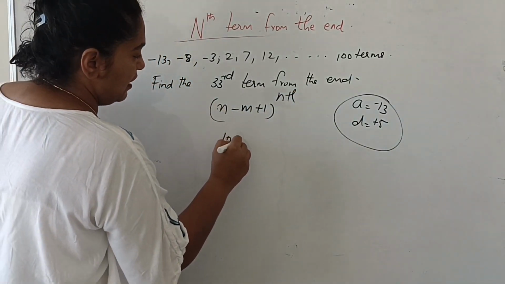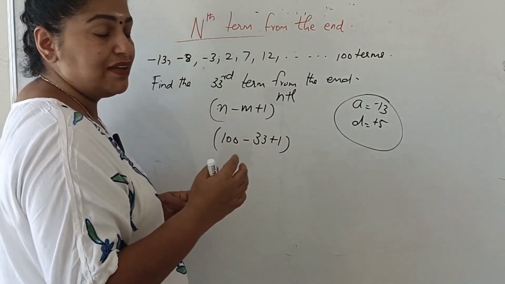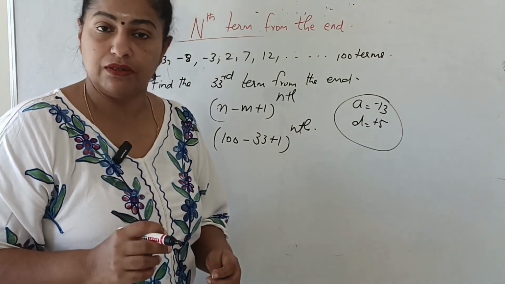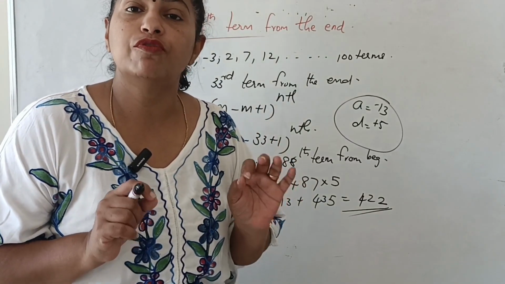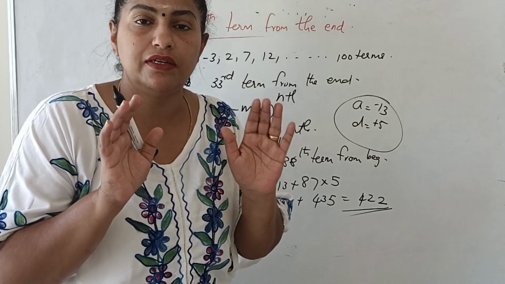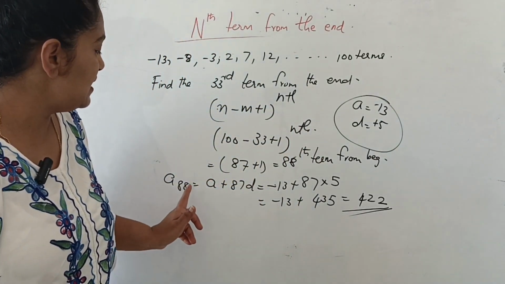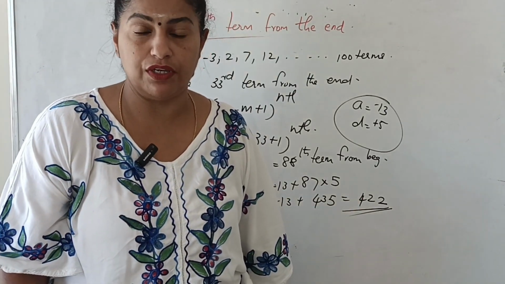The value of n is 100, the value of m is 33. Now let us see the position of this particular term and its value. The 33rd term from the end ends up as the 88th term from the beginning. So now we have to find the 88th term of the arithmetic progression. We apply the formula: a88 is a plus 87d. Applying it, we get the value as 422.